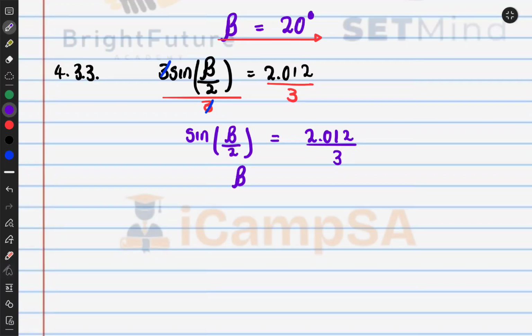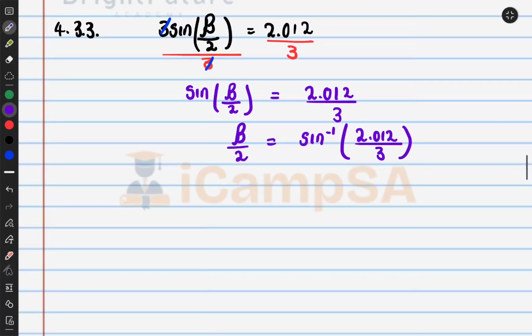Then next step, we take the sine to the other side. We'll be left with beta over 2 is equal to sine inverse of 2.012 over 3. Then next, multiply by 2 on both sides. Therefore beta is equal to 2 multiplied by sine inverse of 2.012 divided by 3.